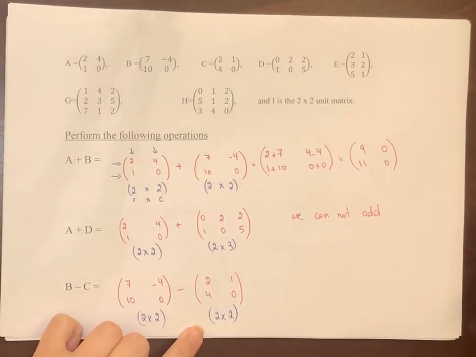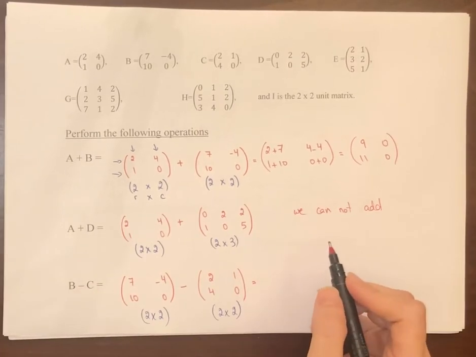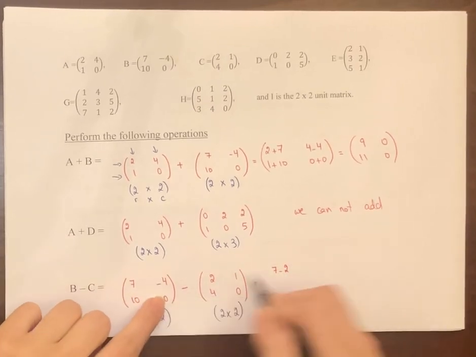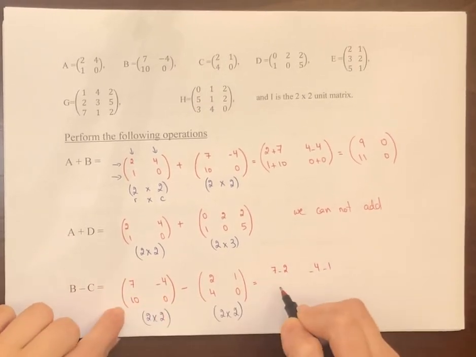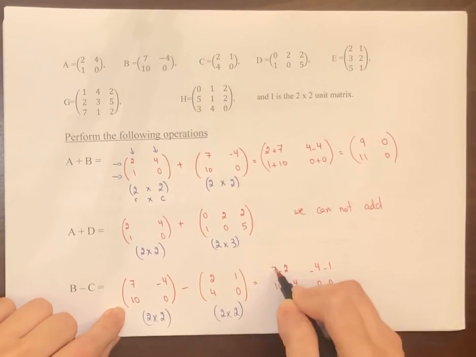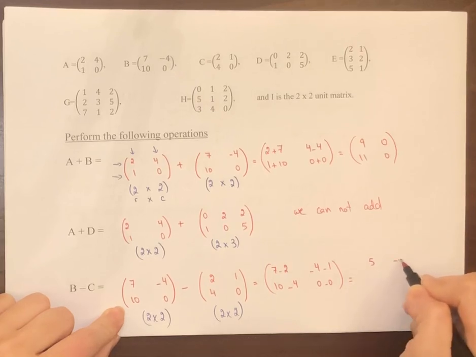So yes, we can subtract. Similarly, we subtract respective elements. Therefore, it's 7 minus 2, 4 minus 1, 10 minus 4, and 0 minus 0. And we end up with 5, 5, 6, 0.